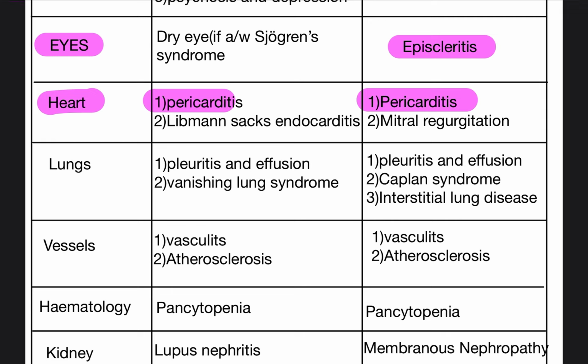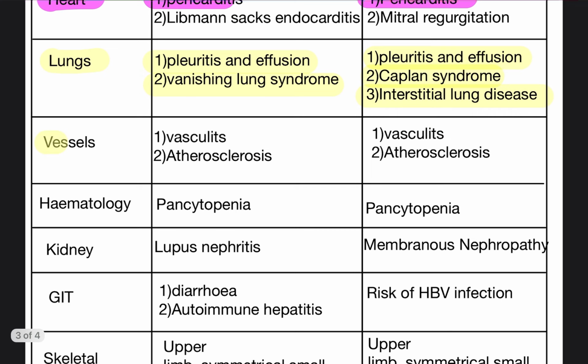Now, manifestation in lungs. Pleuritis and effusion are common in both SLE and rheumatoid arthritis, but in SLE, vanishing lung syndrome is seen. And in rheumatoid arthritis, we get Caplan syndrome and interstitial lung disease. Now, manifestation in vessels. In SLE, we get vasculitis and atherosclerosis, and it holds good for rheumatoid arthritis. Here also we get vasculitis and atherosclerosis.